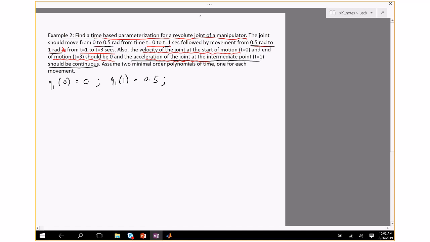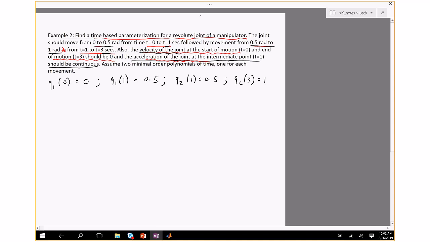So we're going to assume another polynomial, let's say it's represented by Q2. So at 1, it should still be at 0.5. And then at time t equals 3, it should be at 1 radian. So those are the conditions on the positions of the joint.